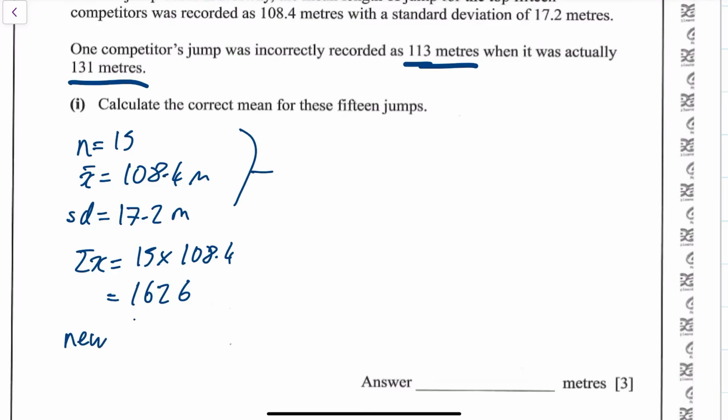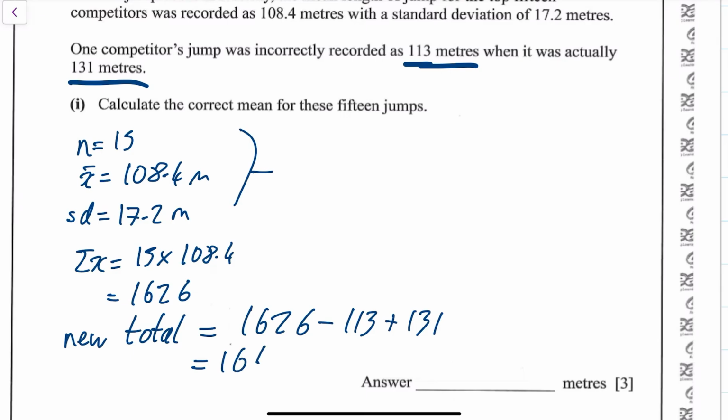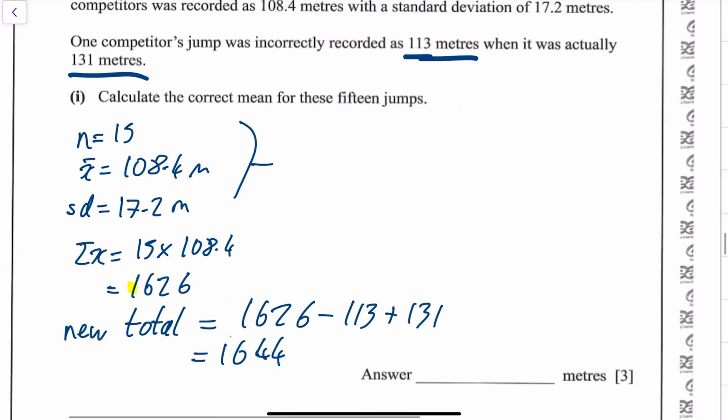So the new sigma x is going to be the old total, take away the bad value and add in the correct value, and that takes you up to 1644. Always be your biggest critic. The old total was that, the new total is this. That makes sense because it has increased.